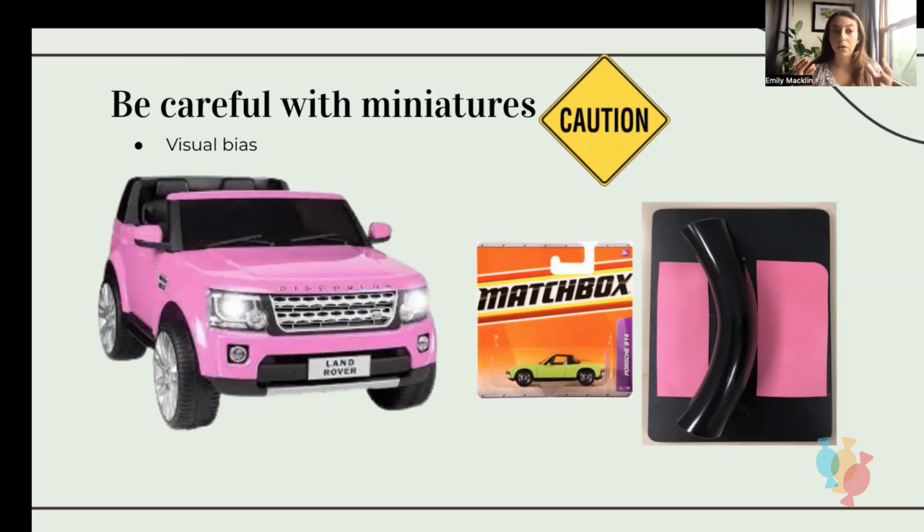However, overall colors, they are perceiving. So that's kind of a background visual cue. And the symbol is really individualized for that student specifically. So it feels like part of the steering wheel of the actual car. So just be careful with miniatures. They do often utilize quite a lot of visual bias.